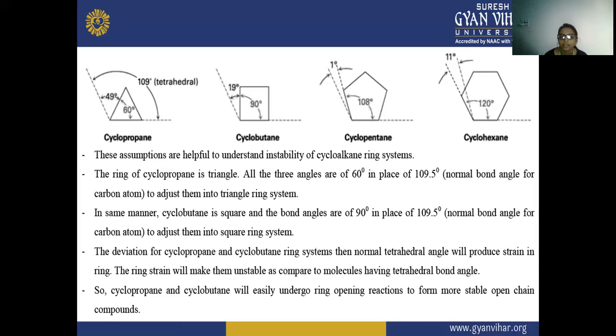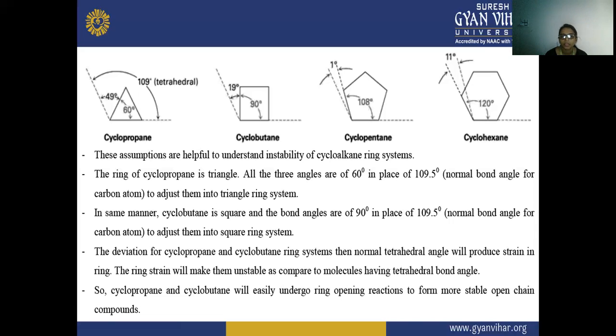In the same manner, cyclobutane has a 90-degree angle in place of 109.5 degrees, to adjust into a square-like ring system. The deviation from the normal tetrahedral angle causes strain in the ring, which makes them unstable compared to molecules having tetrahedral bond angle.